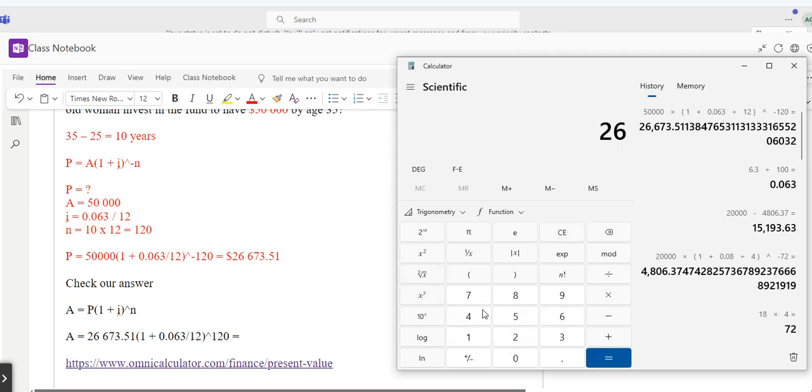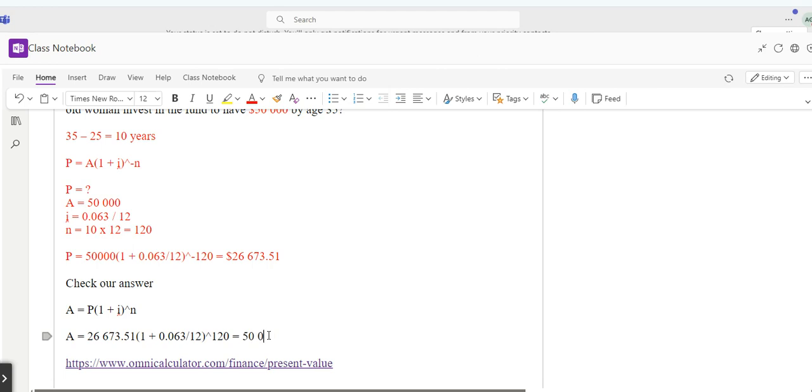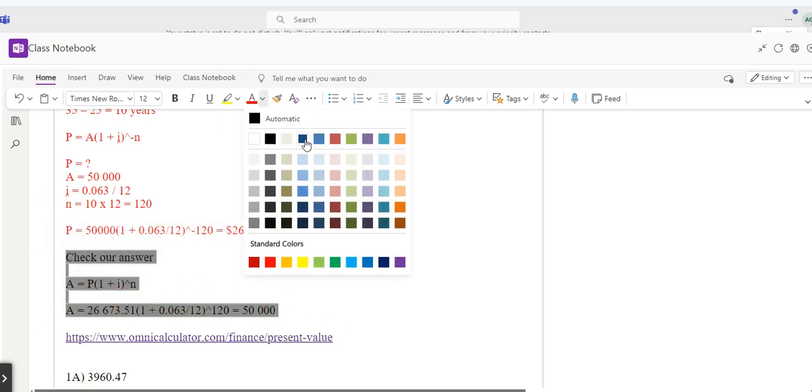So if we take our $26,673.51 and multiply it by 1 plus 0.063 divided by 12 to the power of 120, we get an answer that's pretty much bang on, $49,999.99. And we can see that there's a 7 on the end, so we round up. So this does equal 50,000, confirming our answer. Okay, and so with that, that's how we go ahead and analyze present value.